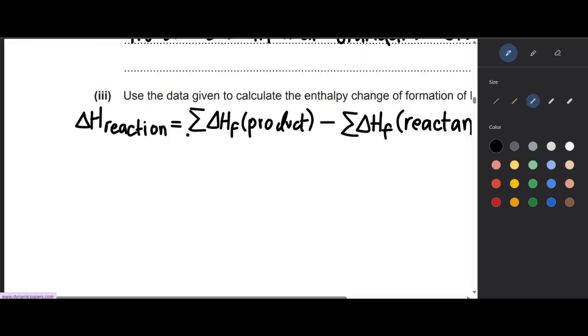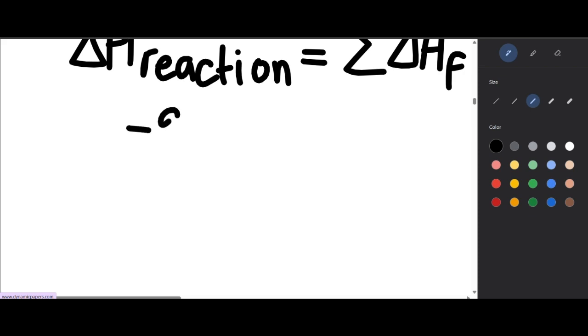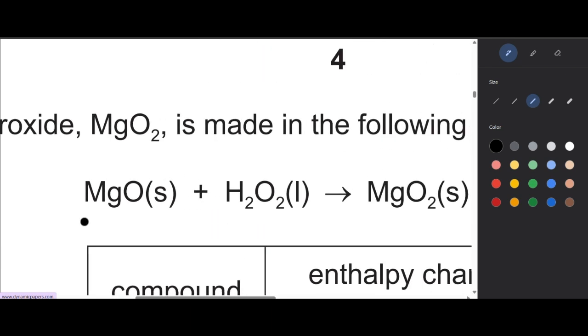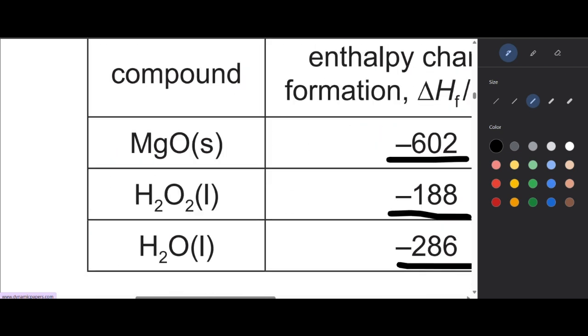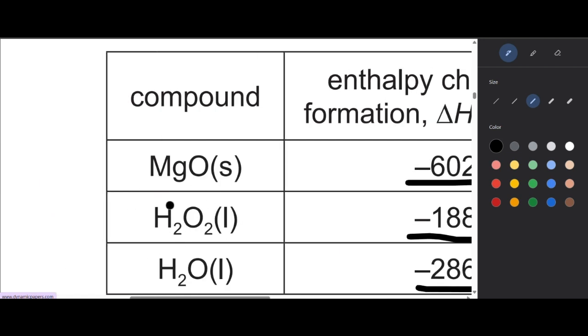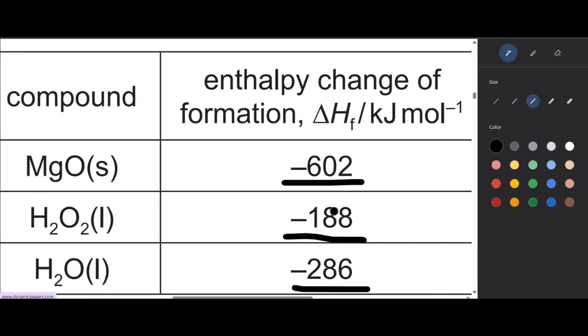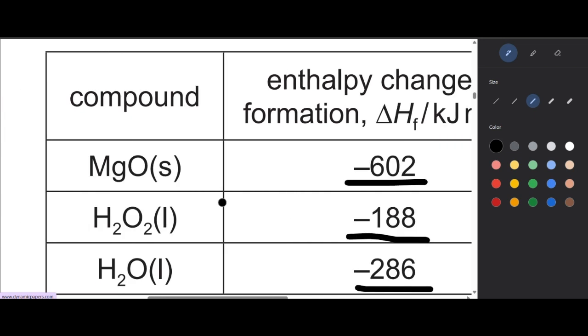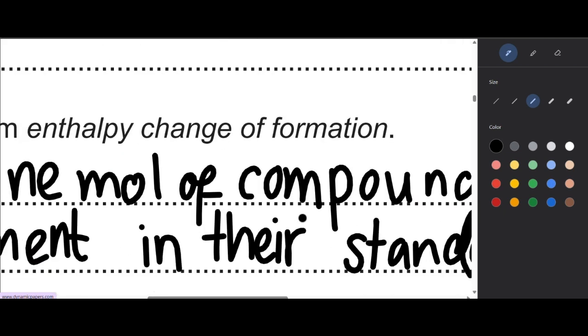So we know that delta H reaction is minus 96 kilojoule per mole, and the products are MgO, solid, and H2O, liquid. So MgO2 is the thing that we have to look for, but H2O is defined in here as minus 286.